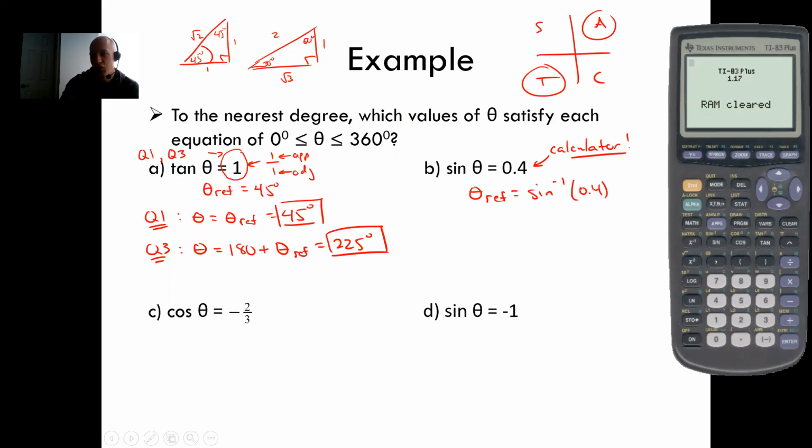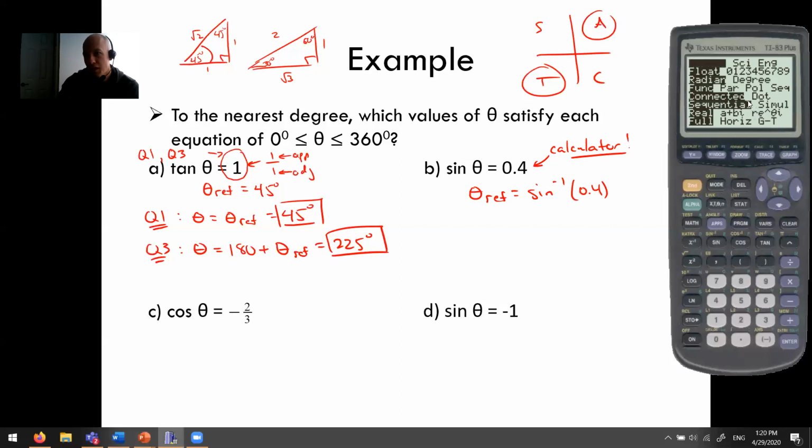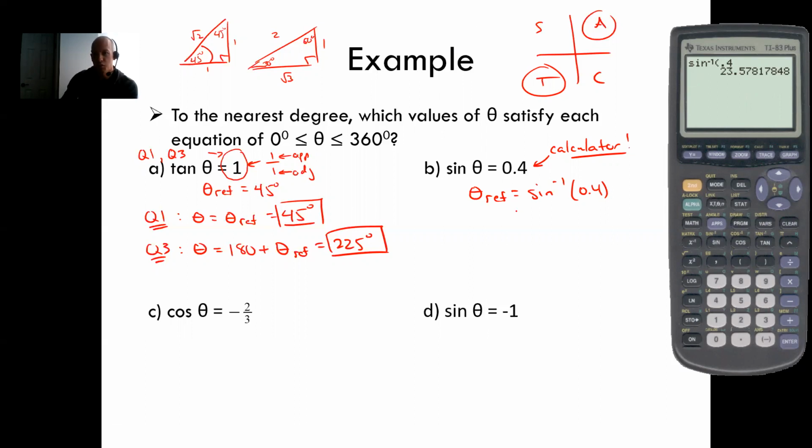I'm going to make sure that I'm in degree mode, and then I'm going to go second function sine of 0.4, and that gives me 23.57. Okay, I'm going to write 23.6 because that's good enough. So about 23.6 degrees.